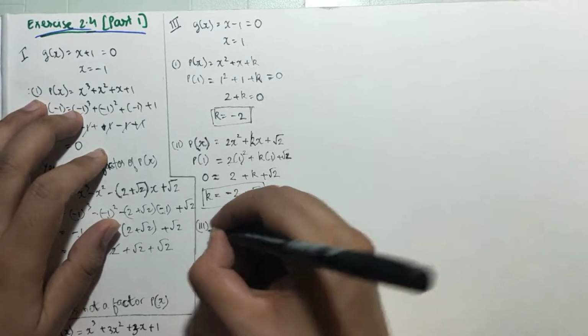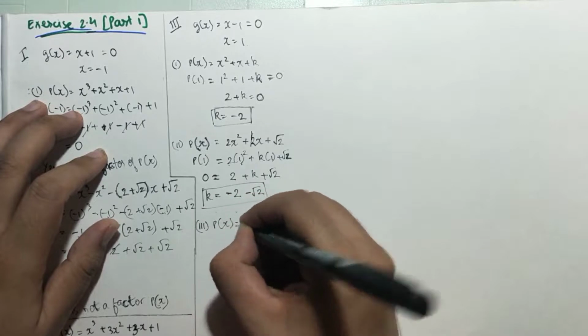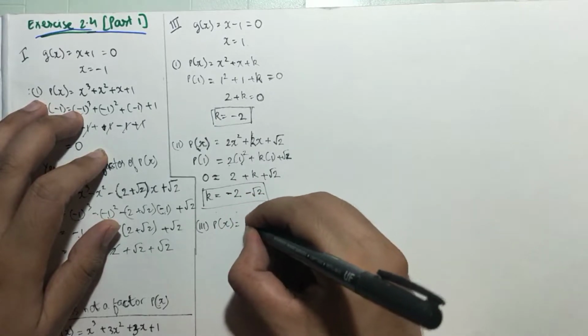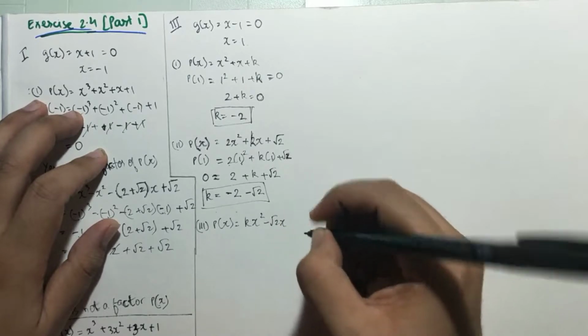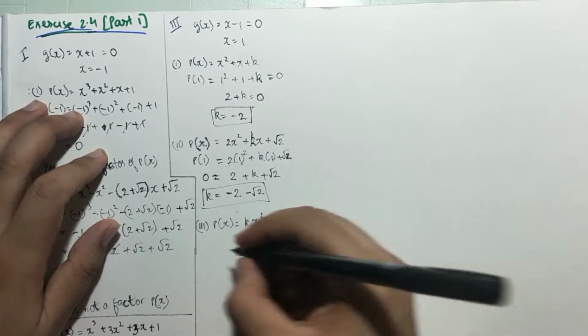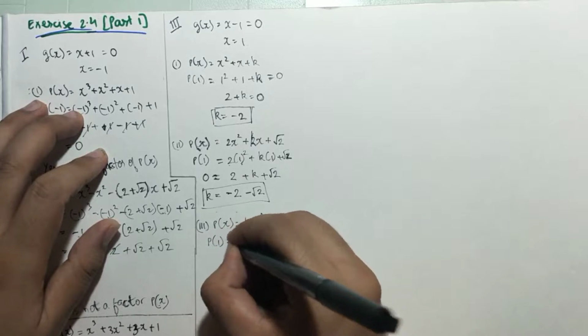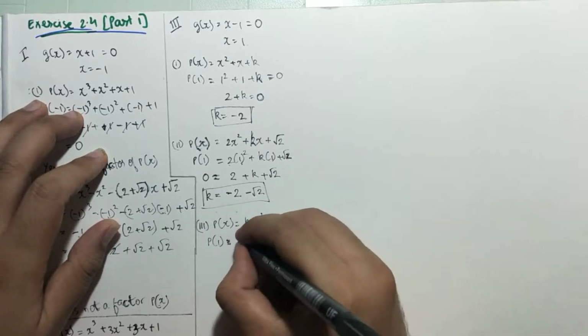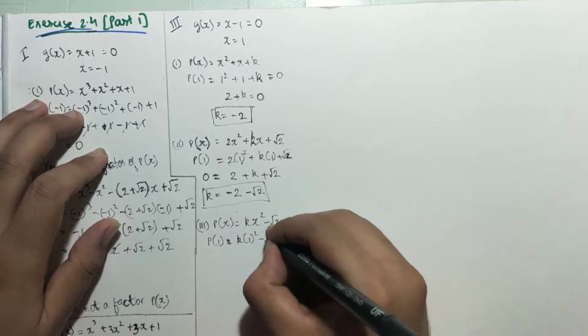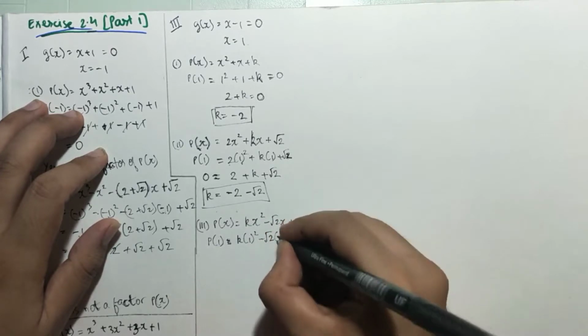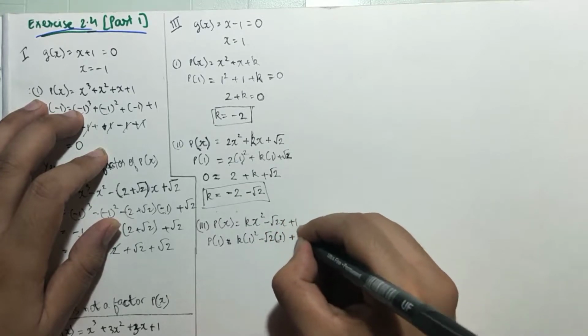Third question. P of x given to us is kx square minus root 2x plus 1. Substituting the value of x as 1, k into 1 square minus root 2 into 1 plus 1.